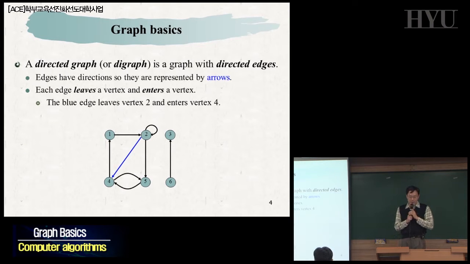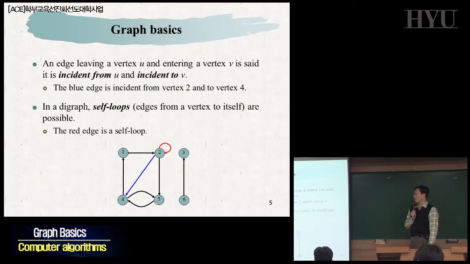A directed graph is a graph with directed edges. Edges have directions, so they are represented by arrows. An edge leaving a vertex U and entering a vertex V is said to be incident from vertex U and incident to vertex V. This blue edge is incident from vertex 2 and to vertex 4.